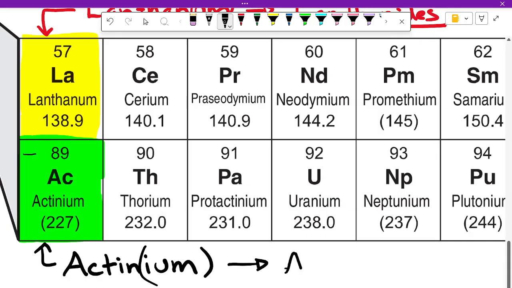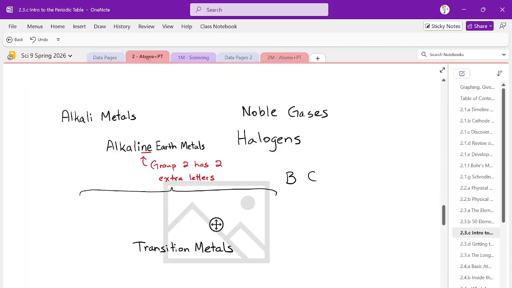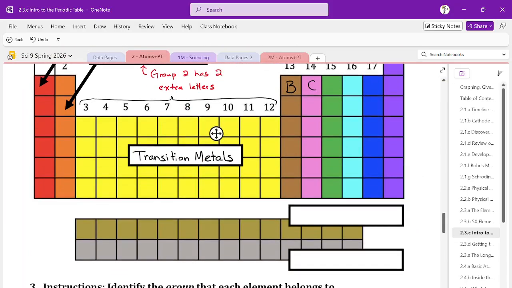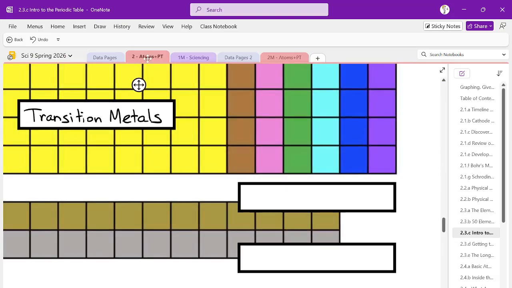They are called the actinides. So back on here, we can fill those in. We have our lanthanides, lanthanides, and we have our actinides.